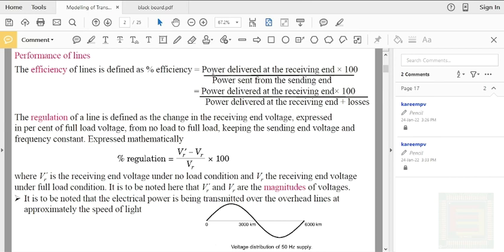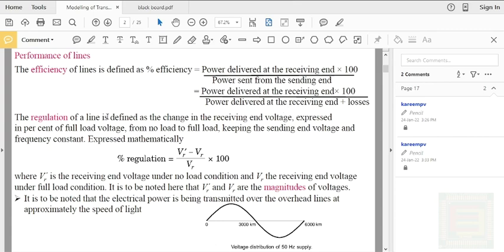From this formula you can see that if the same power sent from the sending end is received at the receiving end, the efficiency will be 100%. But practically it will always be less than 100%. It can also be represented as power delivered at the receiving end into 100 divided by the power delivered at the receiving end plus losses. Here, the power delivered at the receiving end plus losses will give the power sent from the sending end of the transmission line.